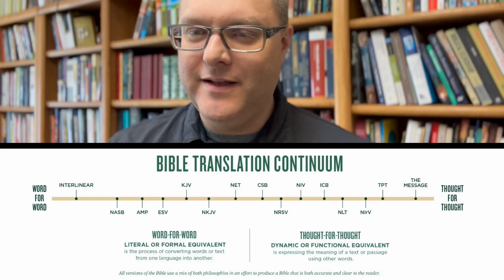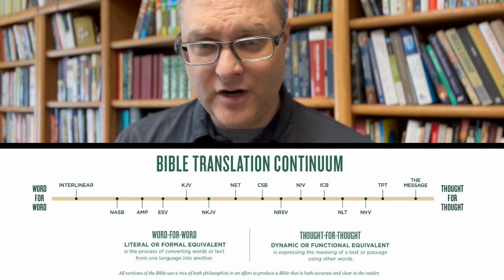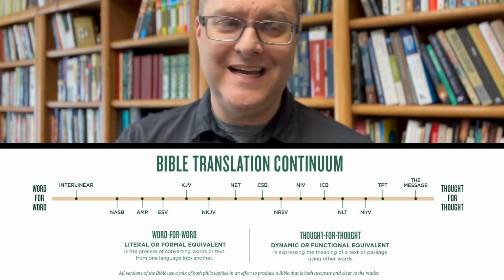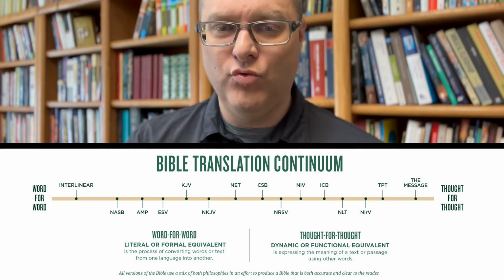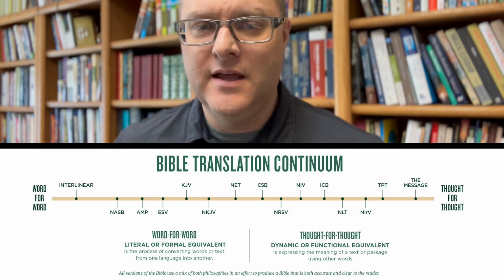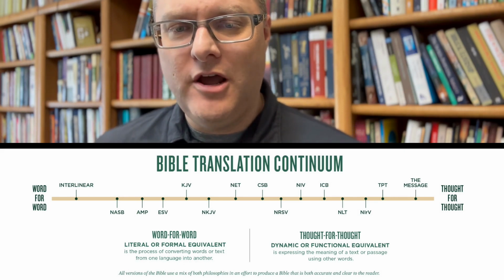I want to take a minute though and look at the translations on this continuum. You'll see on the far left there it says interlinear. Basically the interlinear Bible is just the Greek text with the translation of the word under each word. So it's a very wooden thing, but if you want to see the translations of the words, you can. And then the NASB is the next one over.